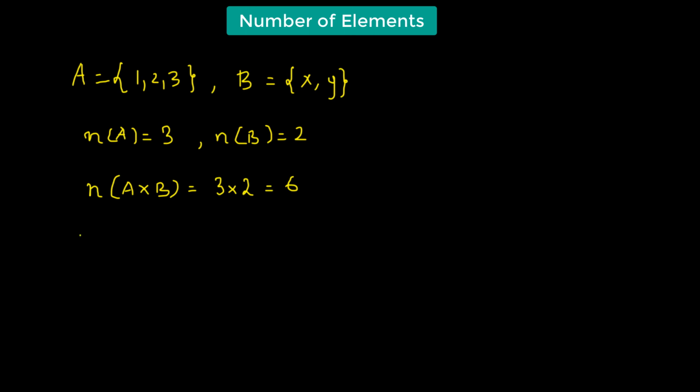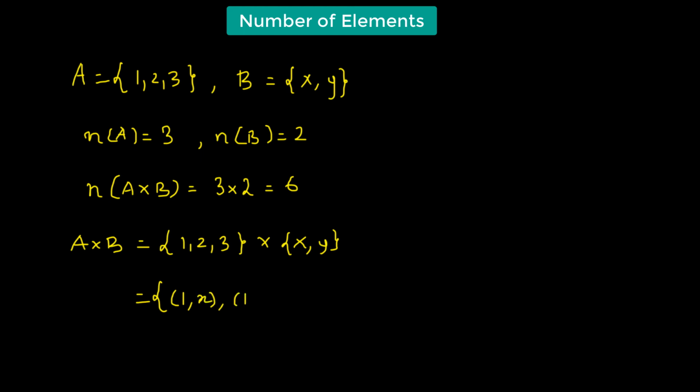So let us find it out. We have A cross B, which is equal to the set containing the elements 1, 2, 3 times the set containing elements x and y. We consider the first element in set A and form an ordered pair with the elements in set B. So we have 1x and 1y.